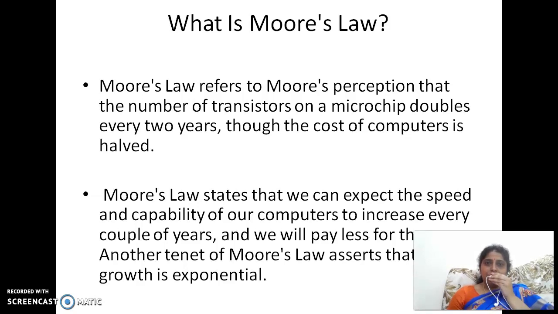All these years, it was given in 1965. From 1965 onwards, the same type of integration is being observed.